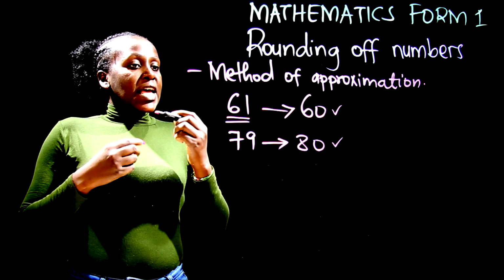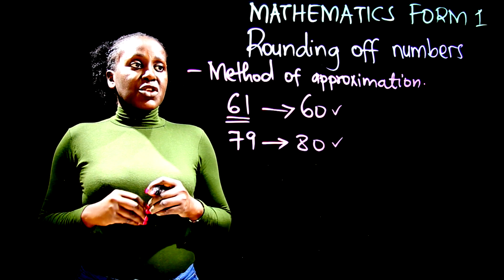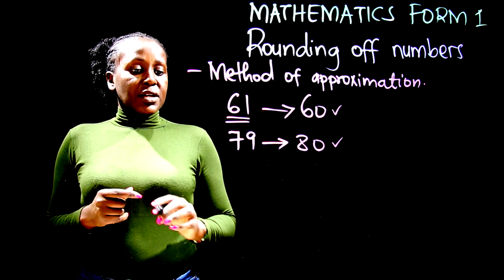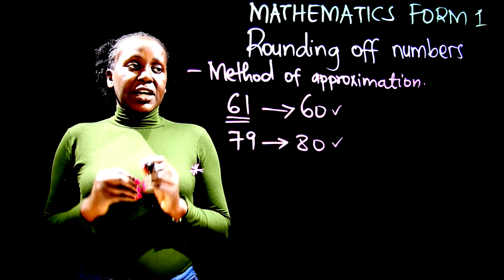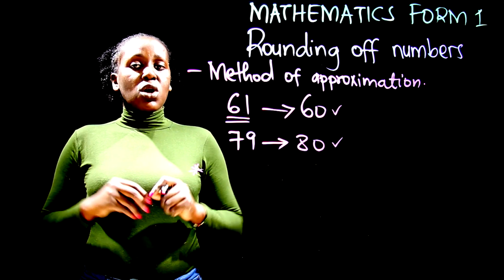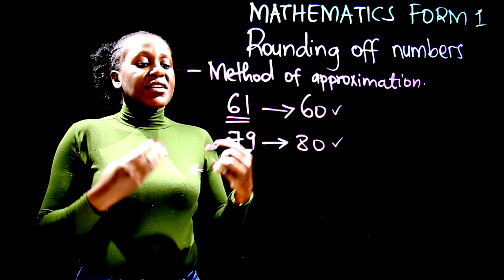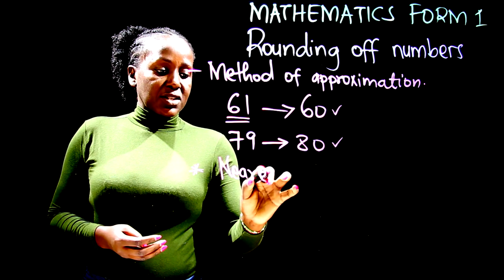Now there are rules that you must follow when you are rounding off numbers. So which are these rules? Number one, you must check the instructions. What does the question state? Round off to the nearest what? This is a term that we use, nearest.